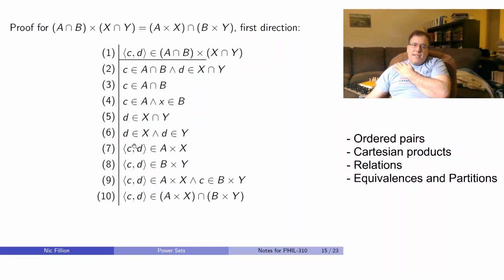But since CD is in both of those sets, you form the conjunction, sorry, and I forgot that it should be a pair CD. Then that's just the membership condition for the intersection. So that one is not so difficult.